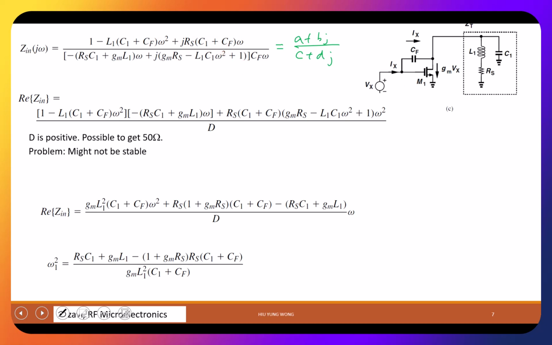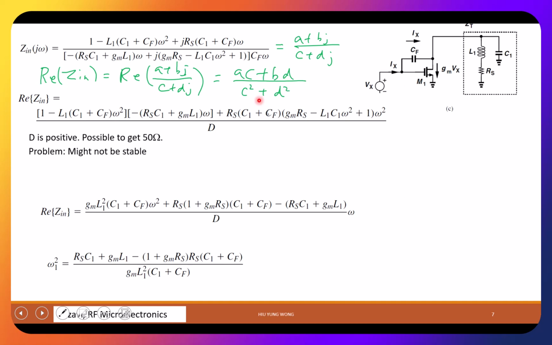So we want to know the real part of Z in. Then we just want to know the real part of A plus Bj divided by C plus Dj. So you just go through the math. This is just equal to (AC plus BD) divided by (C squared plus D squared).